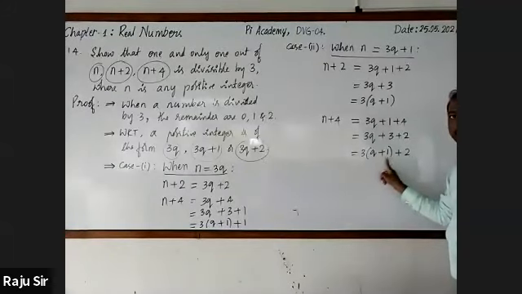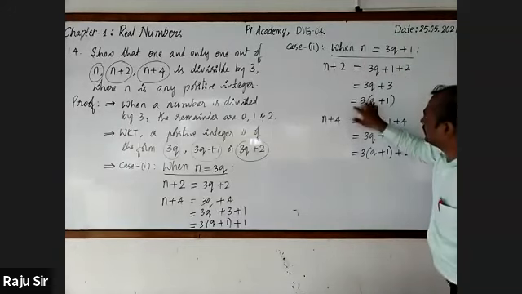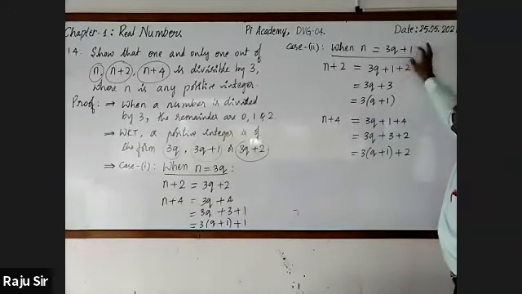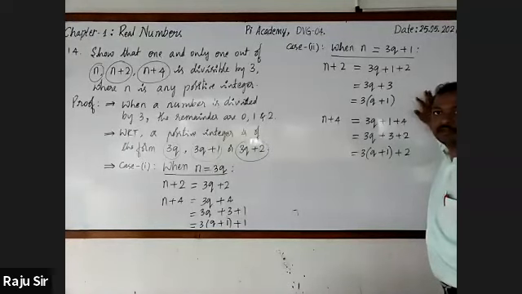Is it divisible by 3? No, sir. n plus 4 is not divisible by 3. Out of these 3, n, n plus 2, n plus 4, only the second one is divisible by 3. Clear? Yes, sir.